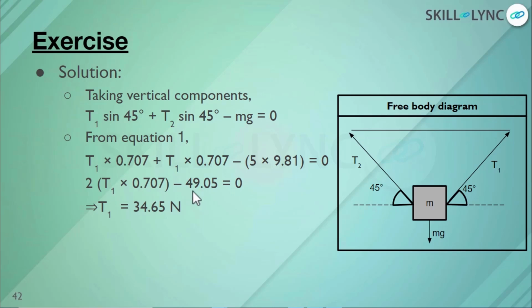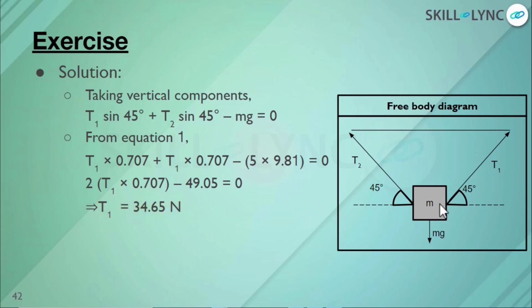And how did we get 49.05? 9.81 multiplied by 5 gives the result 49.05. Therefore, the equation is twice of T1 into 0.707 minus 49.05 is equal to 0. Thus, T1 is equal to 34.65 newtons.